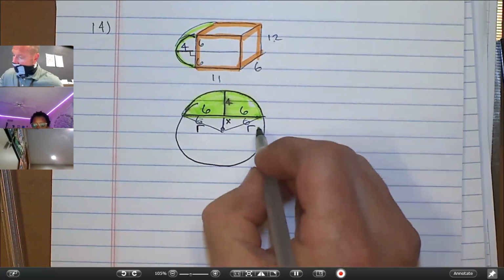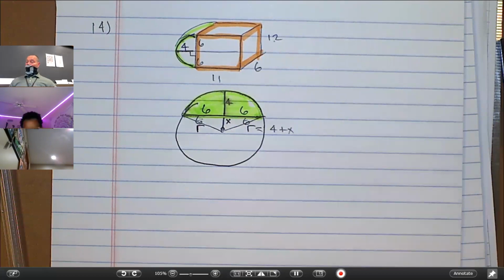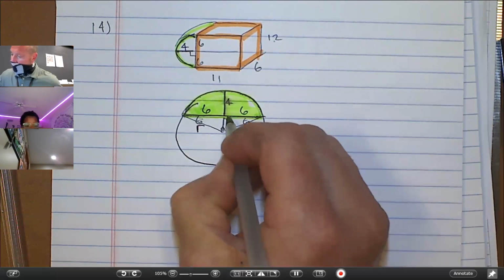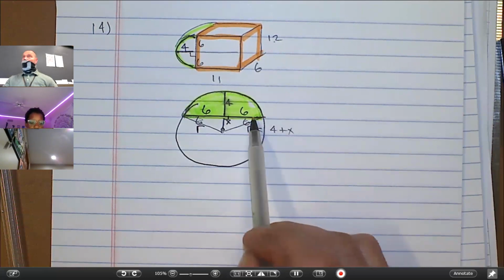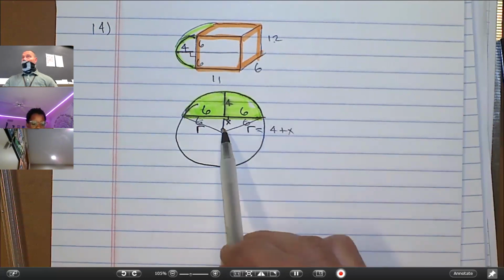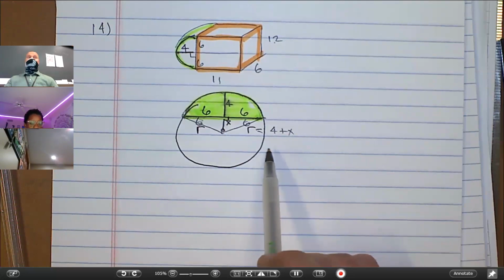So you could say equals 4 plus X or X plus 4 for the radius. So now you've got a right triangle here where you know that one of the legs is 6, one of the legs is X, and the radius is 4 plus X. And you should be able to set up the Pythagorean theorem and solve for X.